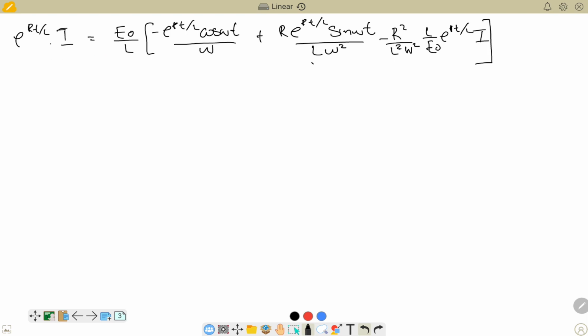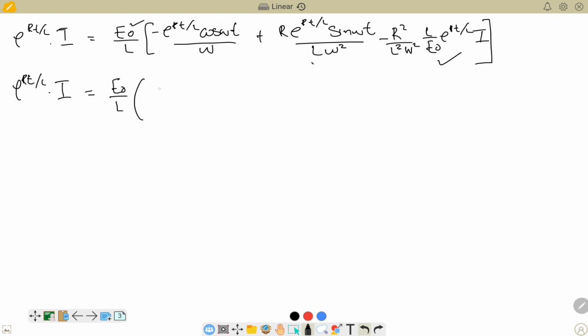So what can I do now? I need to take the term with the I to the left hand side. So I can multiply it by e naught over L. So I will have e to the power rt over L times I. Then if I do that, I will have this e naught here over L, and then multiply that term.